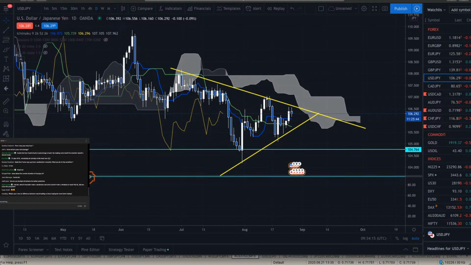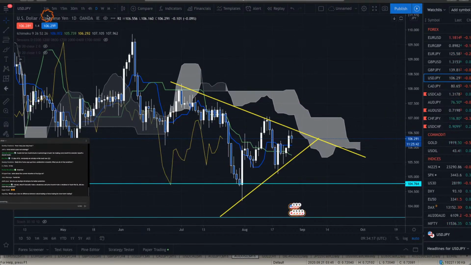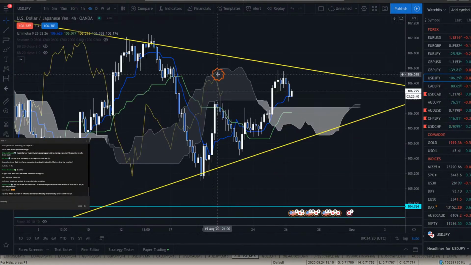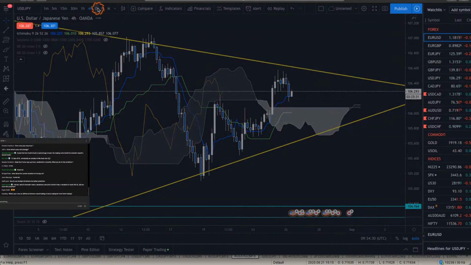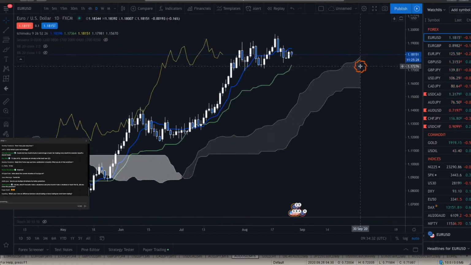I mean, let me just delete the stochastics. And look at the 4 hour also. In 4 hour too, it's ranging, so there is no direction in the market, and I don't look for any trading edges. And Euro USD daily chart, it's uptrending, so this is good to look for buys.